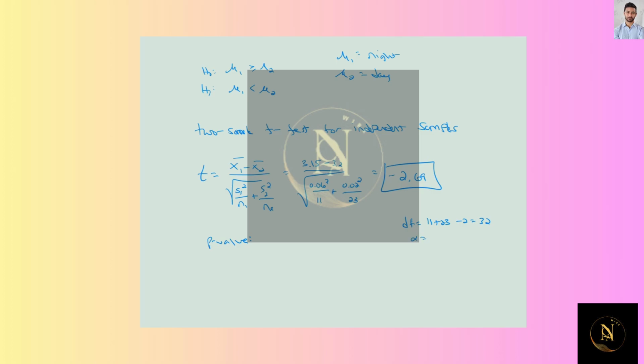Our significance is 0.025. And so you would go to your critical value, the t-student table. This is going to be left-tailed with 32 degrees of freedom at 0.025.